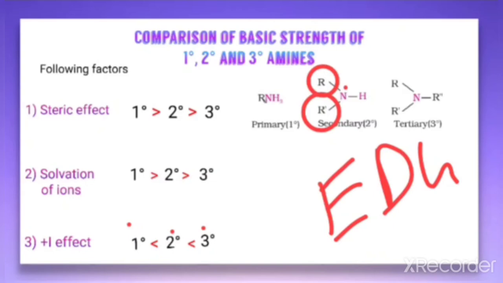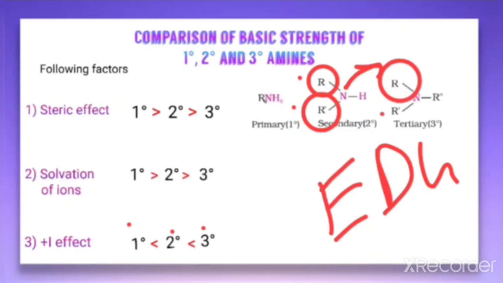Therefore, it increases the availability of lone pair for the donation. That means greater the electron density on the nitrogen, because of the presence of electron donating group, the lone pair can be easily donated.